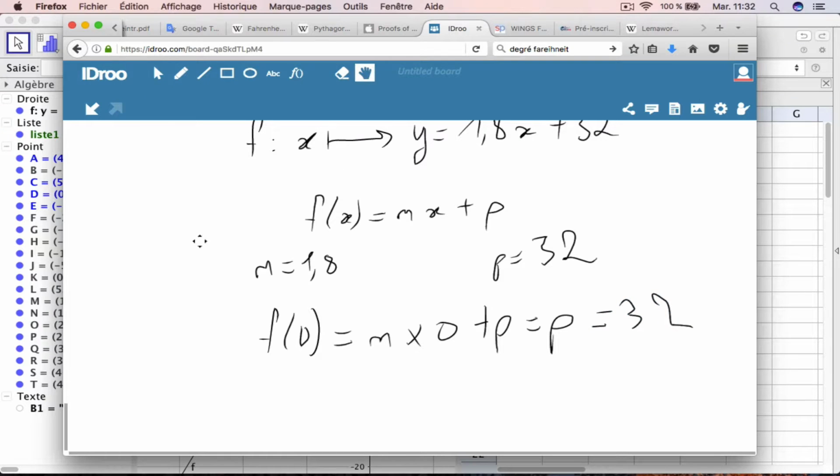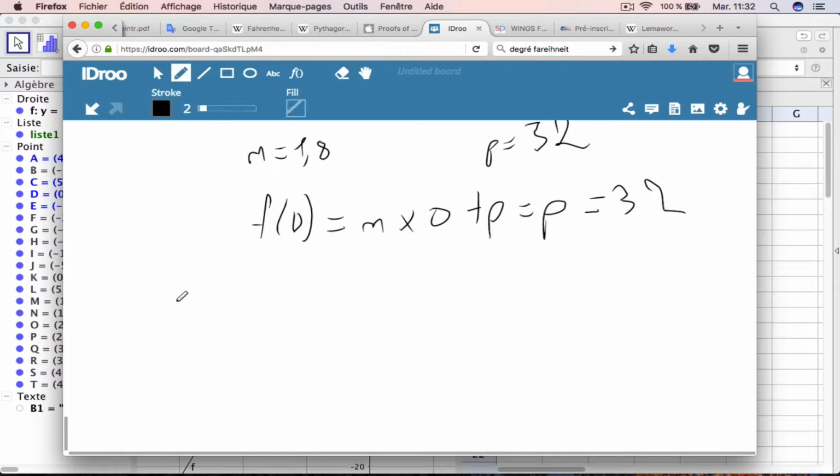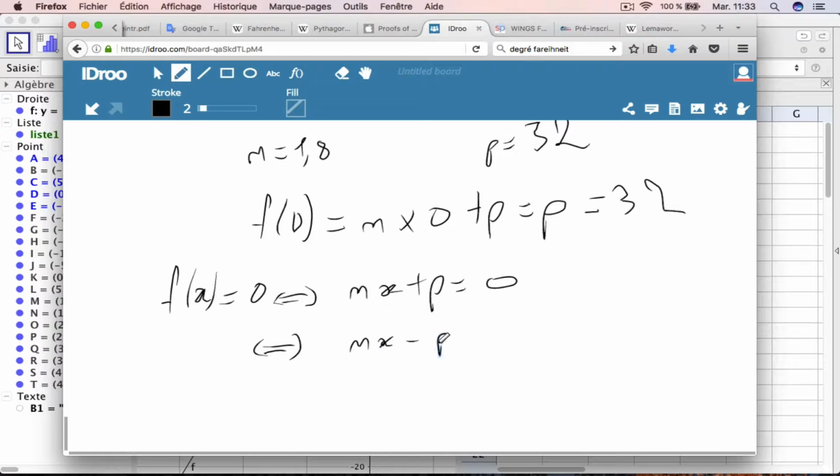And we've got an equation: f of x equals 0. So we can solve it. M times x plus p equals 0. First, we subtract p on each side. Okay, we've got plus p minus p here, so we can cancel them. So we've got m times x equals minus p.